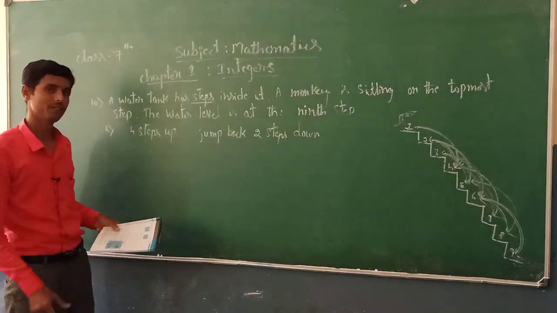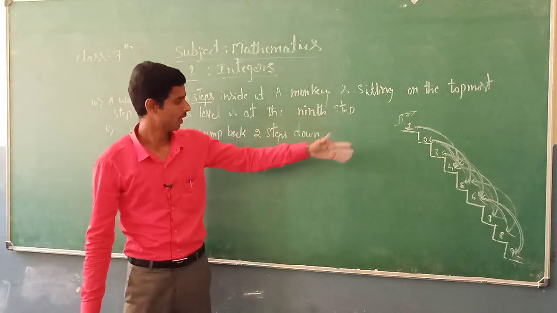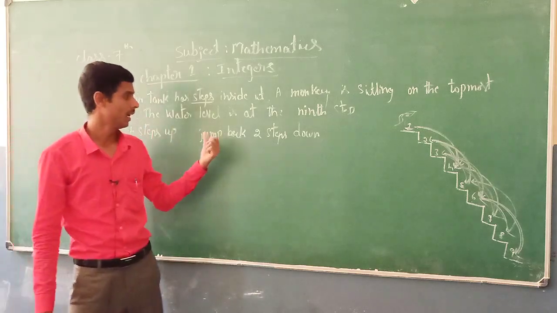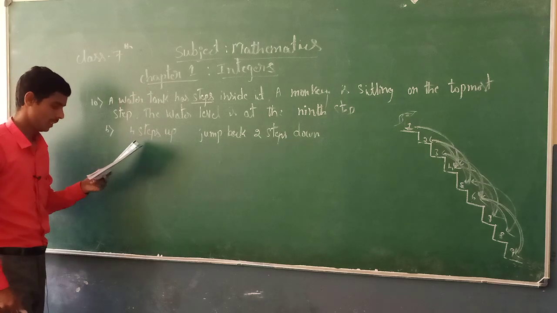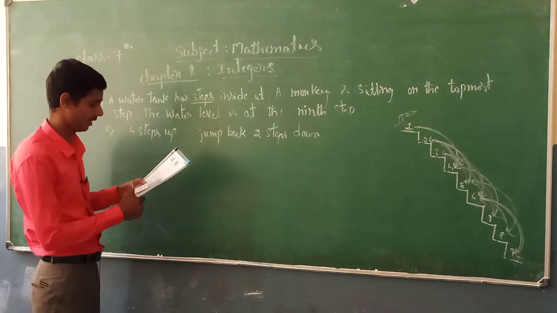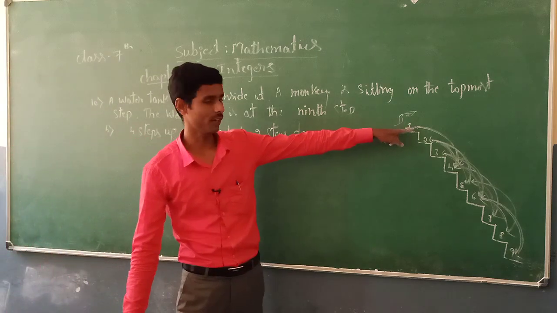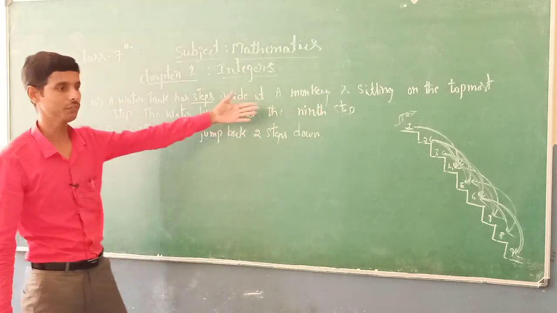In every move from the 9th step he will jump 4 steps up, and again he will return 2 steps down. Okay? In how many jumps will he reach back to the top step, that is the first step? We have to find out.